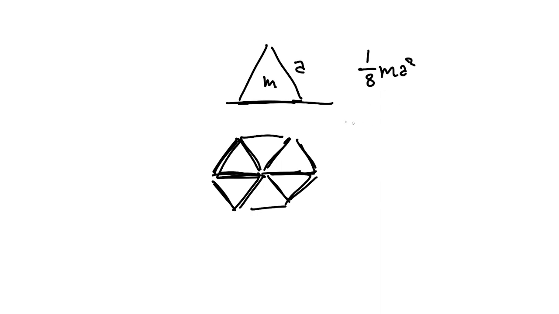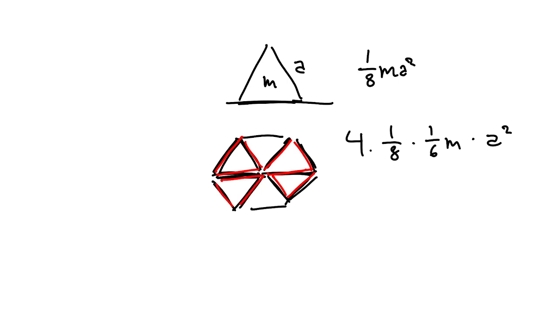So that's going to be 4 times 1 over 8 times 1 over 6 m times a squared. These are these triangles, and I can even draw these in a different color. I'm sorry for blinding you guys with this red, but I'm too lazy to do color differences.